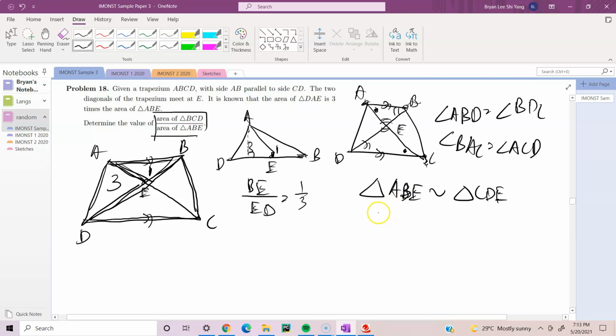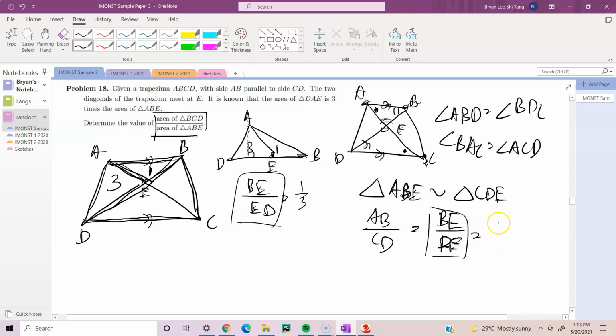So we know that AB over CD is equal to BE over DE, which is what we see here. BE over DE is equal to BE over ED, is equal to, what is this, AE over CE, which is equal to, as we can see here, 1 over 3.